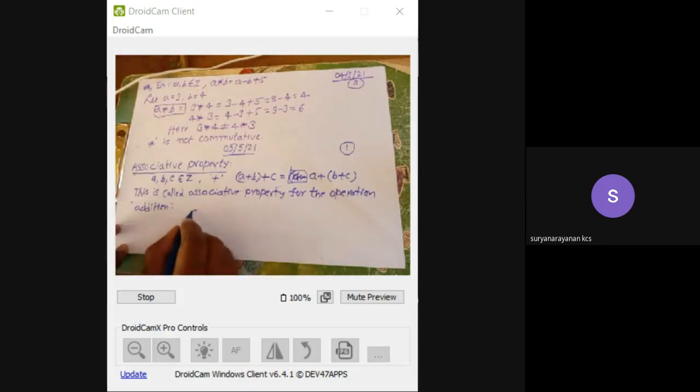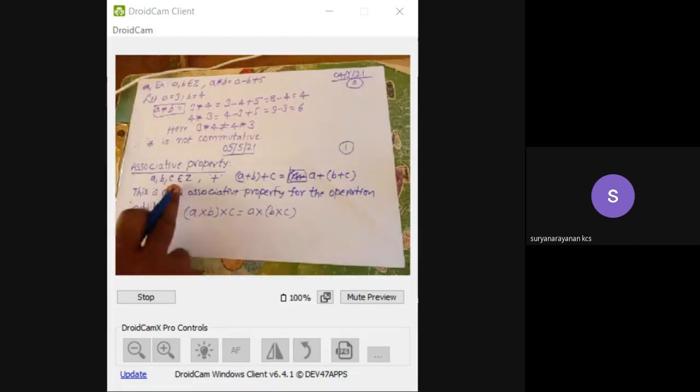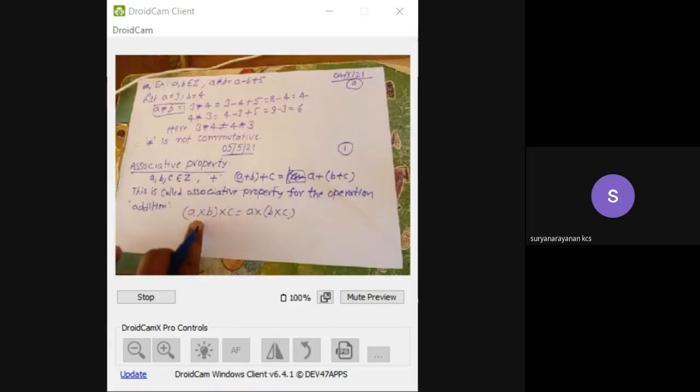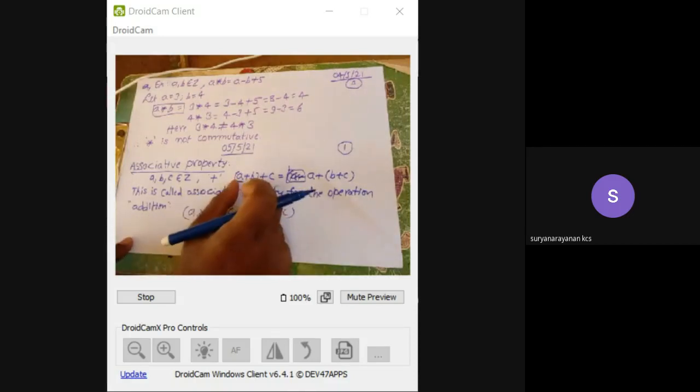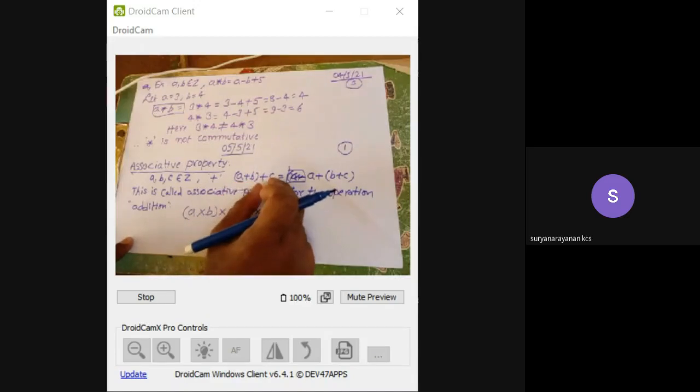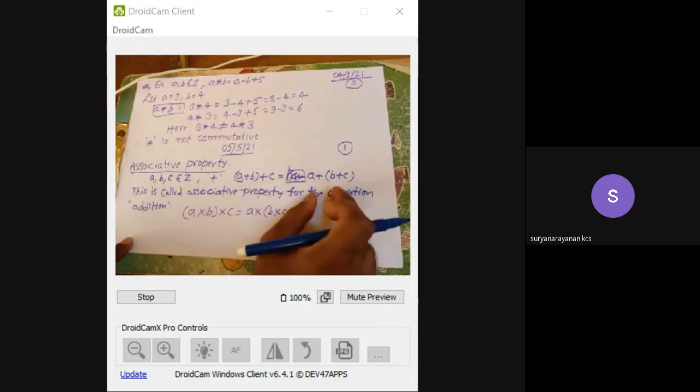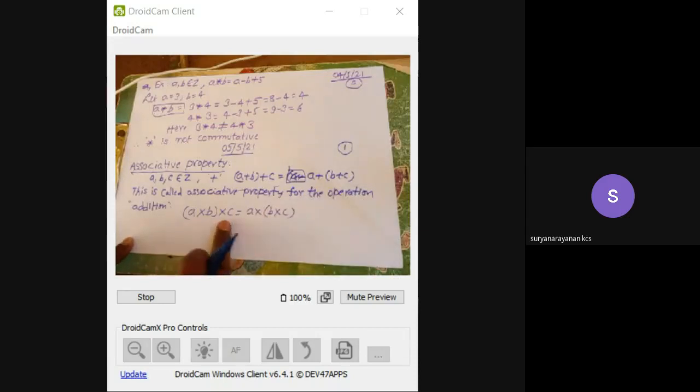Similarly, if you observe, (A into B) into C is equal to A into (B into C). Between the three numbers, we are performing the same operation by taking a pair of numbers. Out of these three numbers, we have taken this pair first, and after that we perform the operation with the remaining number. Understood this point, my children? Similarly here, between the three numbers A, B, and C, we are performing multiplication.